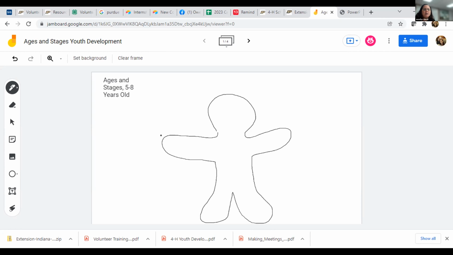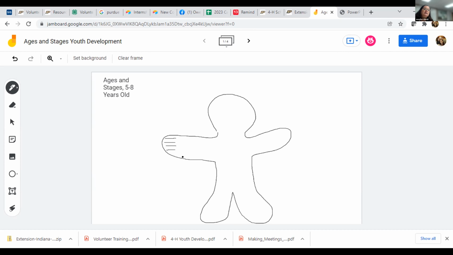I'm going to draw their fingers, right? Look at how good those fingers are, you guys. It's characteristic of this age because their fine motor skills aren't very developed.